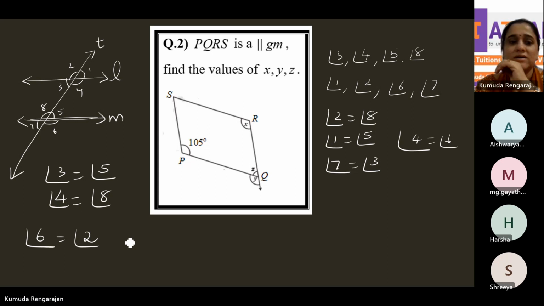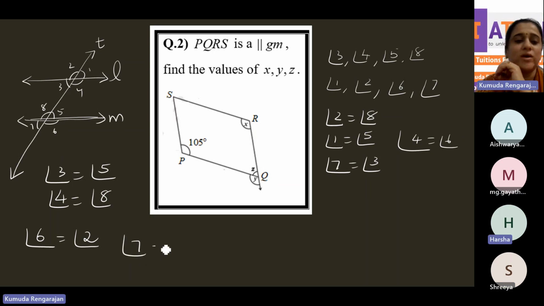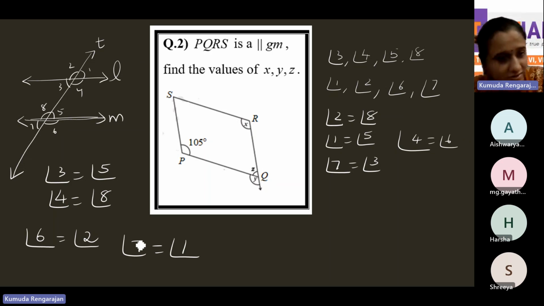One more. 7 and 1. Correct. Angle 7 and angle 1. Both of them must be exterior angles. Alternate exterior angles, both the angles must be exterior angles. And since they are alternate, they must lie on either sides of the transversal. They must not lie on the same side of the transversal.